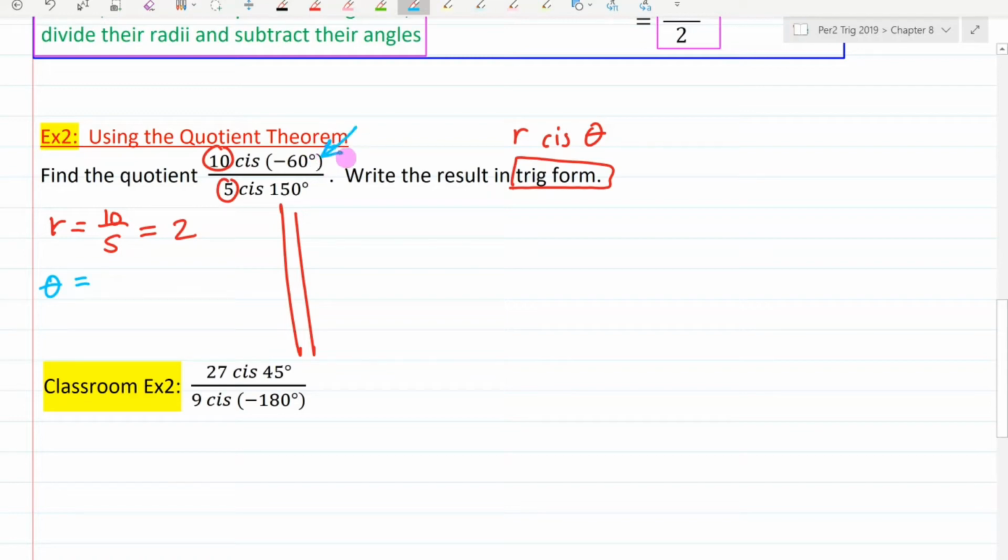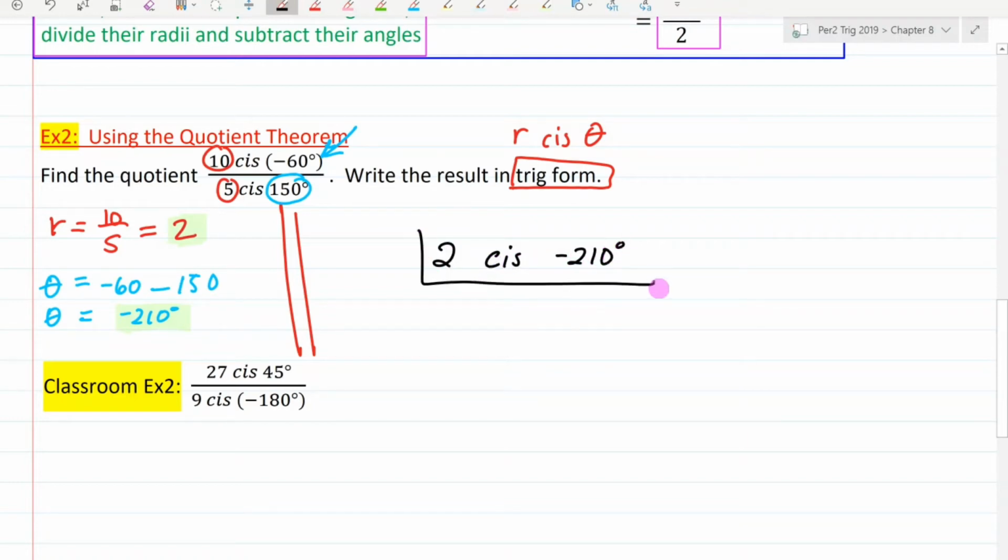You have to take the top number and subtract the bottom number. So theta is negative 210. So we have r and we have theta. Your final answer is just 2 cis negative 210 degrees. You don't have to put it in rectangular form, so you don't have to multiply that out. That's your final answer.